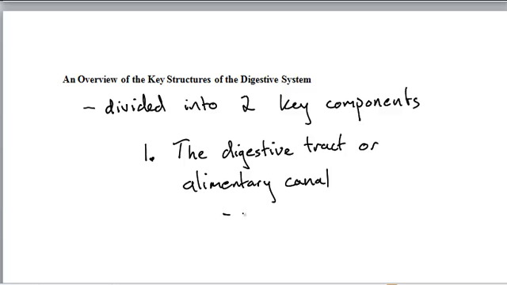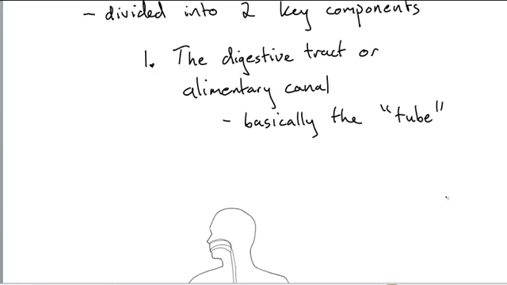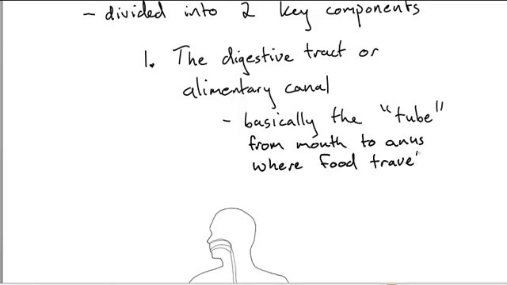And this is basically the tube from mouth to anus where food travels. The second part are what we call accessory organs.